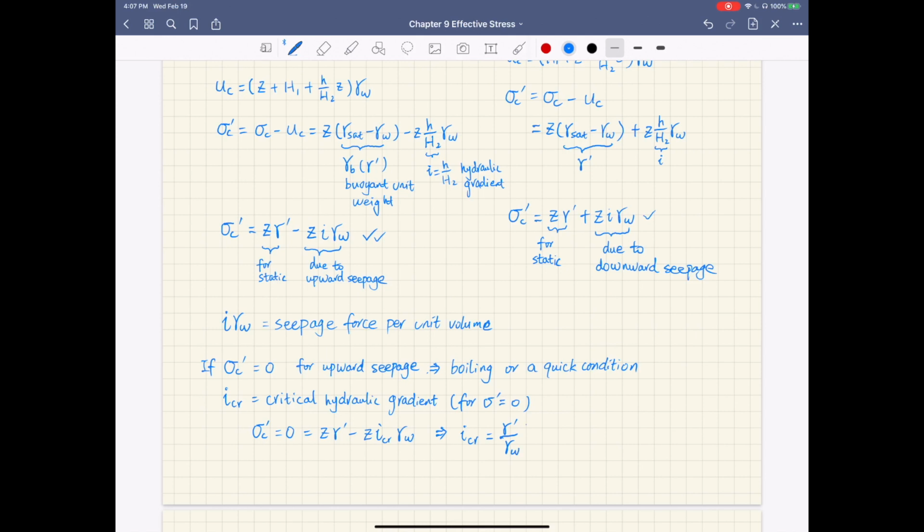Okay. So this gamma prime is the buoyant unit weight. So for most soils, this critical hydraulic gradient I CR is between 0.9 to 1.1.